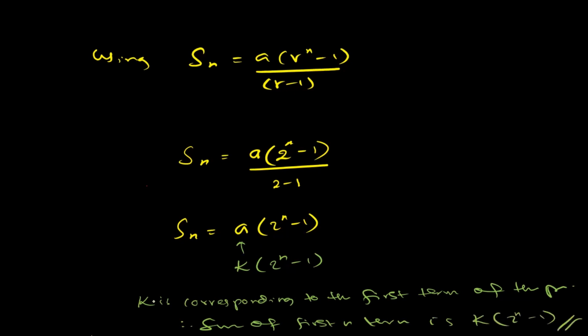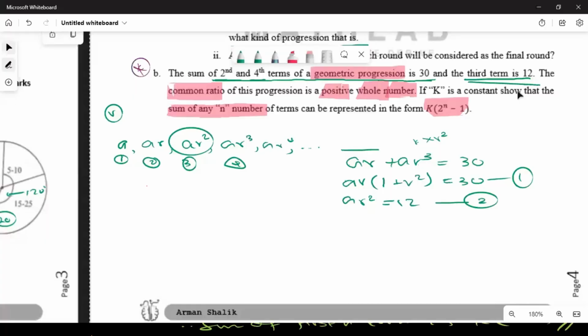K is a value that we decide. Writing this statement will give you one or two marks. Identifying that K is corresponding to the first term. K is the value given in the question, and they are saying it's just a constant. They didn't explain or give you any idea who that constant is.